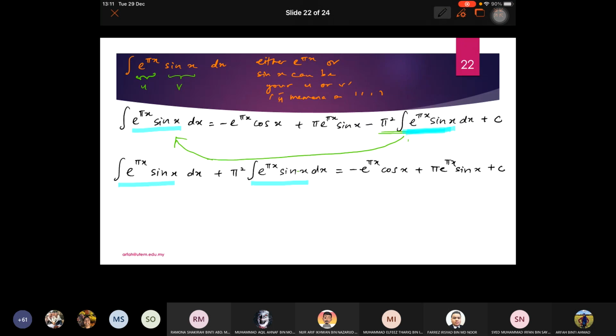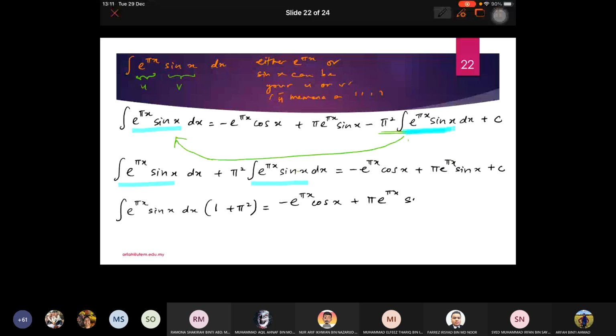Kita boleh faktorkan. Integration exponential pi x sin x dx 1 tambah pi kuasa 2 sama dengan negatif exponential pi x cos x plus pi exponential pi x sin x tambah c.